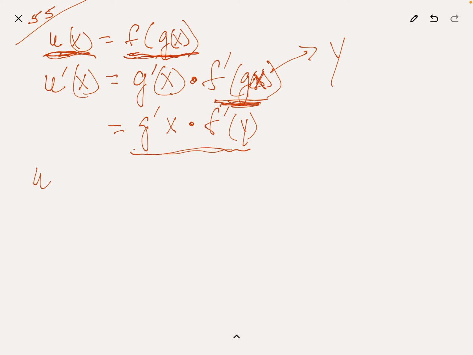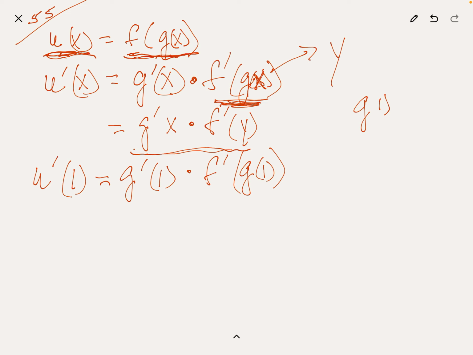But even better, they're telling us that they want u prime of 1. Okay, well, according to our formula, that's going to equal g prime of 1 times f prime of g of 1. Now we can go to the graph.